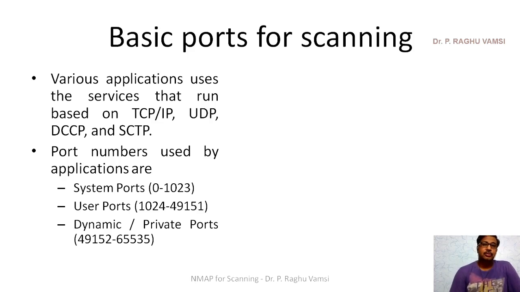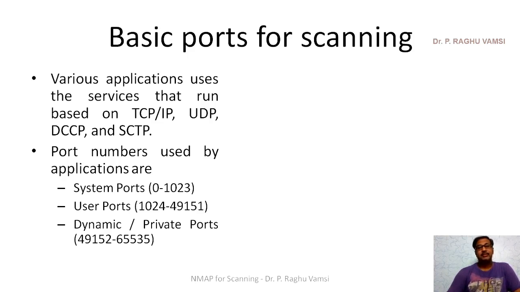So in order to be used by user defined applications, user ports are defined, from 1024 to 49,151. These port numbers can be used for user applications. And dynamic or private ports are reserved ports from 49,152 to the last port number, that is 65,535. These are the classification of the port numbers.